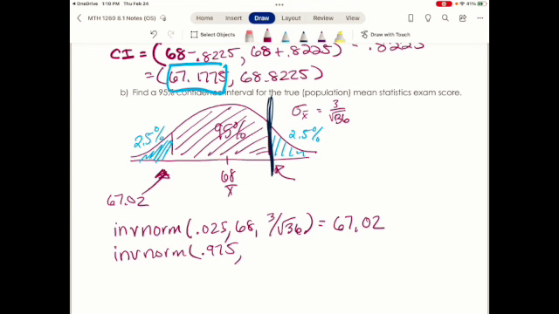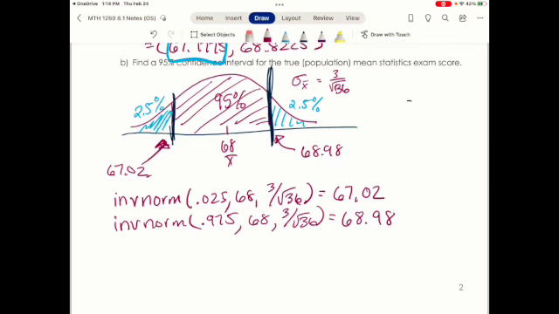I'm going to put it in as 0.975 as my percentile. Then 68, and then 3 over the square root of 36. When I do that, we get 68.97999. So I'm going to round it to 98.